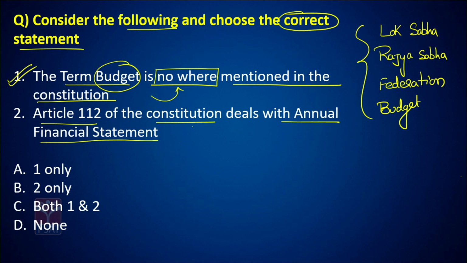Then there should be some article which deals with the budget, and that is Article 112. Article 112 talks about the annual financial statement of the government. The President of India shall lay down the annual financial statement in the Parliament via the budget session.